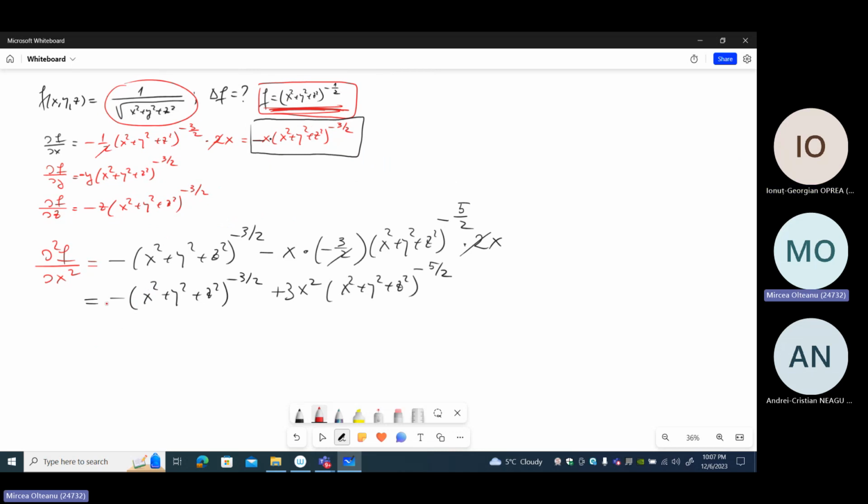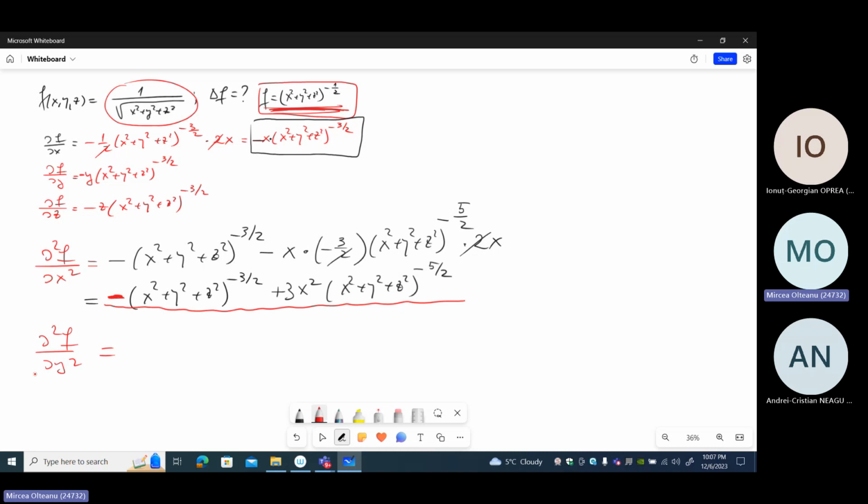Yes, I got the same result. Okay, so the second order partial derivative with respect to x was written here. Can we now write the other two directly?